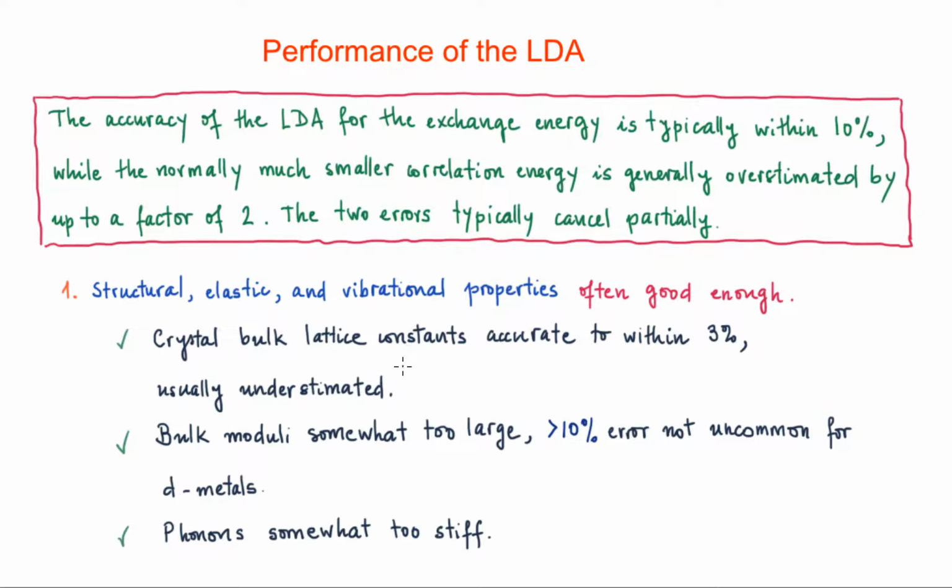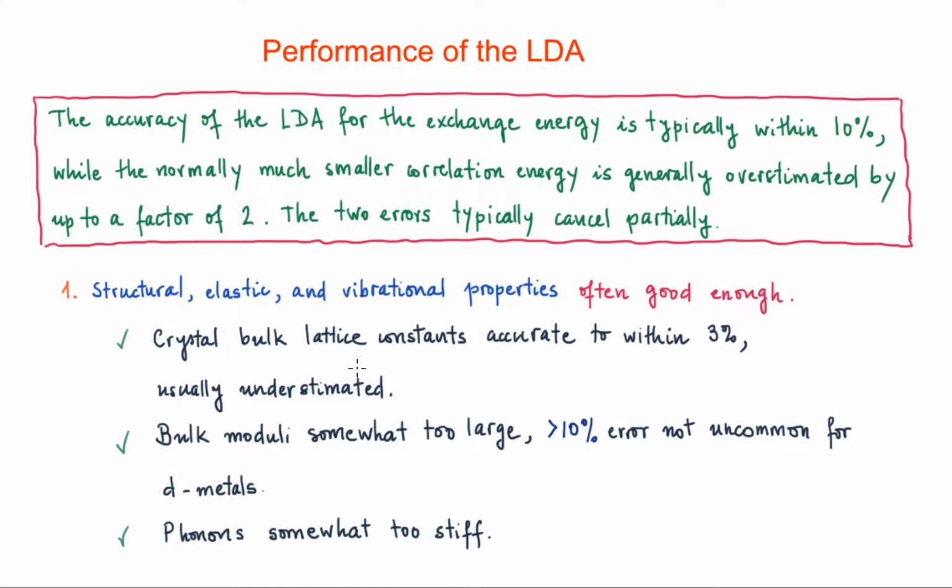And if they are smaller, the forces that the atoms see when they are separated a little bit from these equilibrium positions are expected to be higher. And that's why usually the bulk modulus calculated within the LDA is somewhat too large. And it's not uncommon to see that the error might be higher than 10%, especially for d metals.